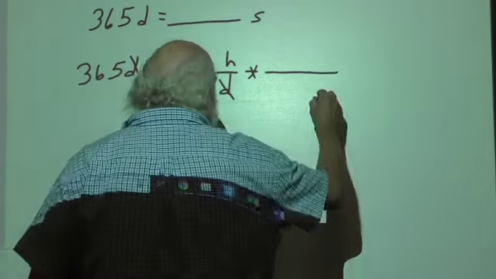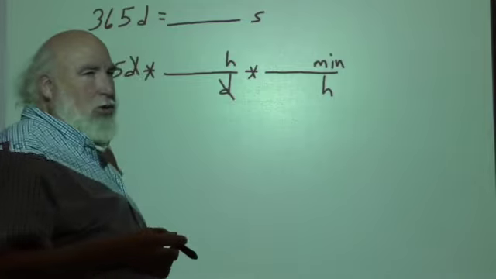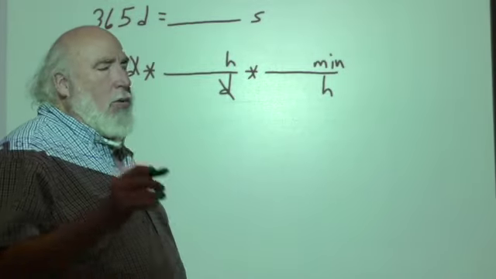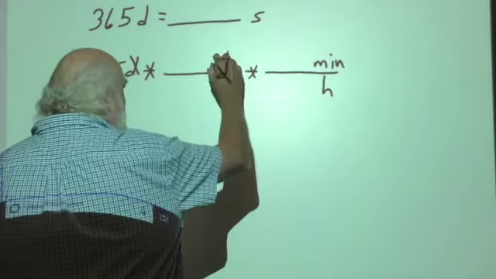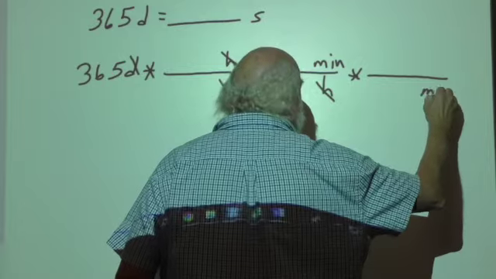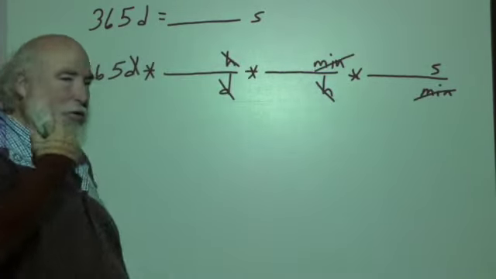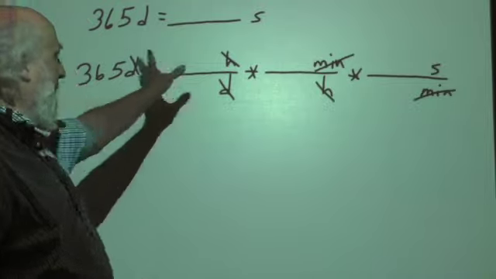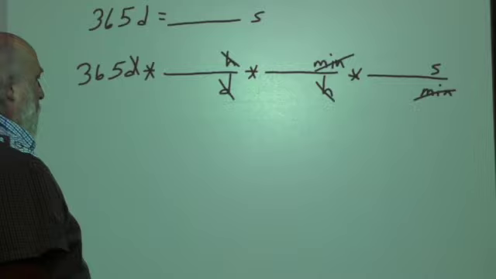So hours go on the bottom, minutes on top. And this is one of those you can probably do a shorthand version of, but we're not going to do it just yet. Right now we're just getting used to the conversion system. So the hours cancel out, and then we put minutes on the bottom and seconds on top, and cancel those out right there. And everything's canceled out except for the seconds, which is what we want our answer to be.